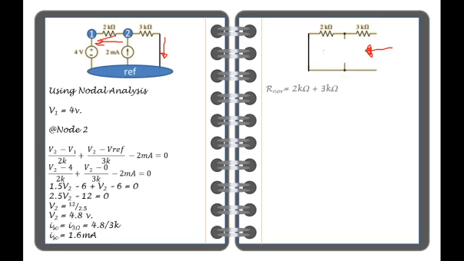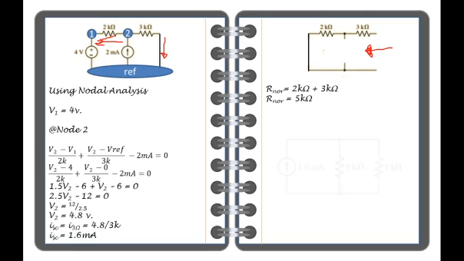It shows that the Norton's equivalent resistance is a series combination of the 2 kilo ohm and the 3 kilo ohm. Therefore, the Norton's equivalent resistance is equal to 5 kilo ohms.